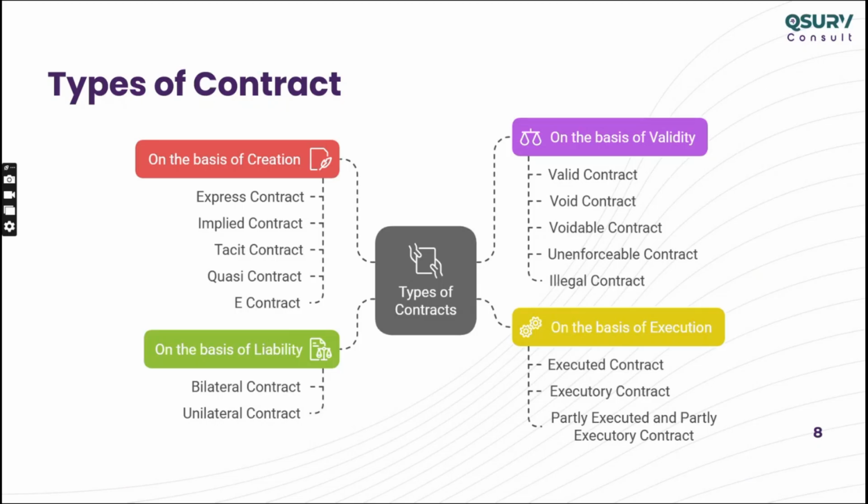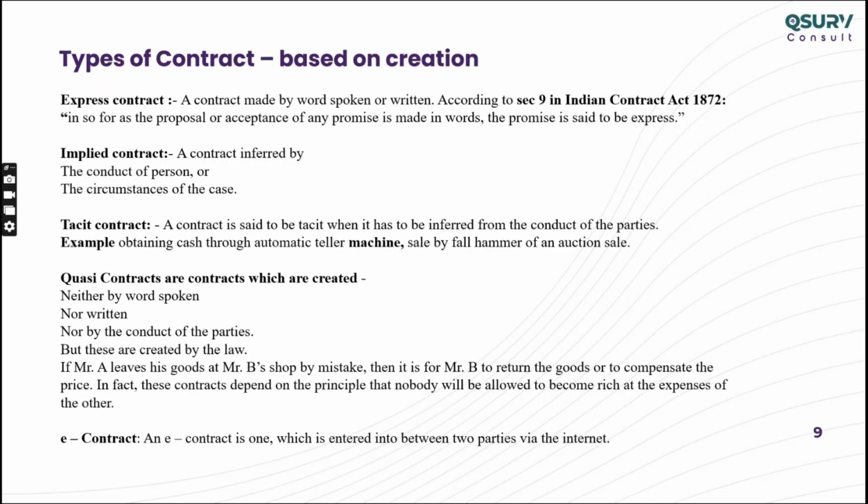On the base of validity: valid contract, voidable contract, unenforceable contract, illegal contract. On the base of liability: bilateral contract, unilateral contract. And on the base of execution: executed contract, executory contract, partially executed and partially executory contract. Don't worry, when we explain, you will understand exactly what it is. Let's look into types of contract.